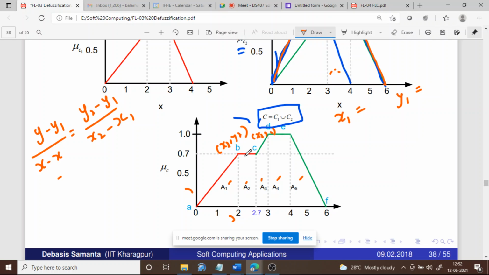There is no slope involved in this. Whatever the value of x between 2 to 2.7, the value of y will be 0.7 only. That you can directly decide by seeing this graph.